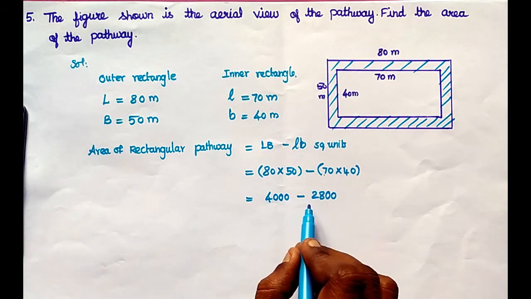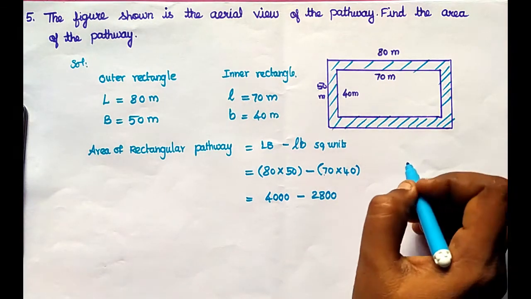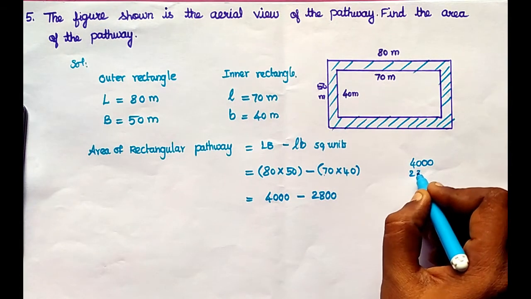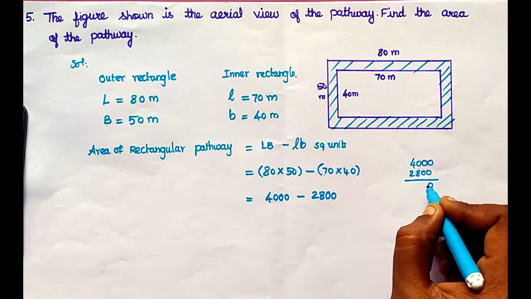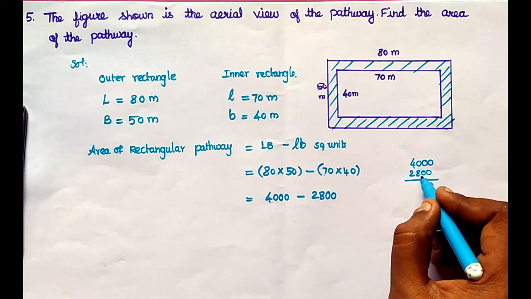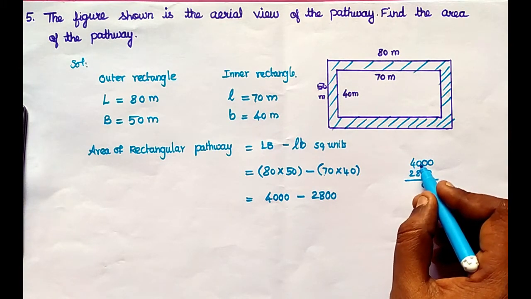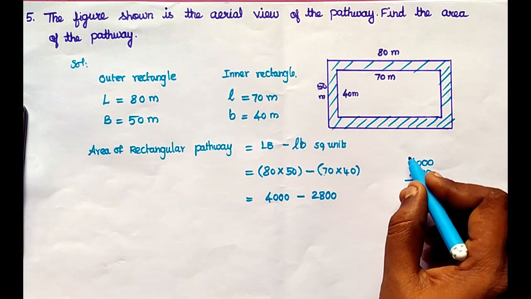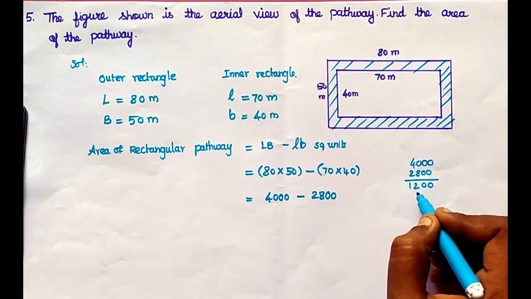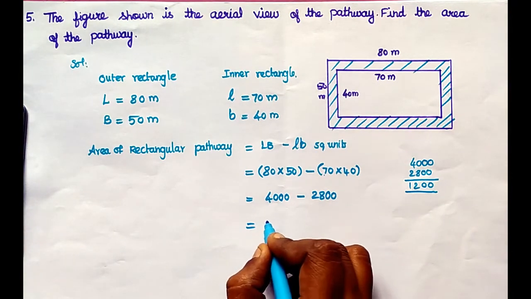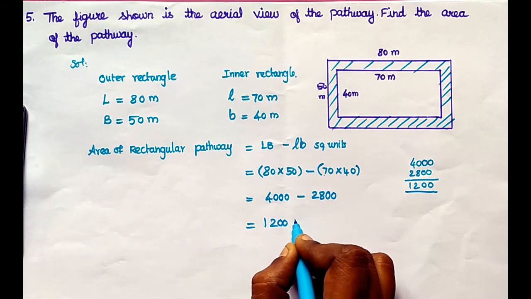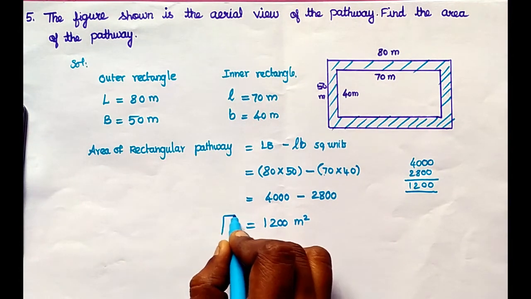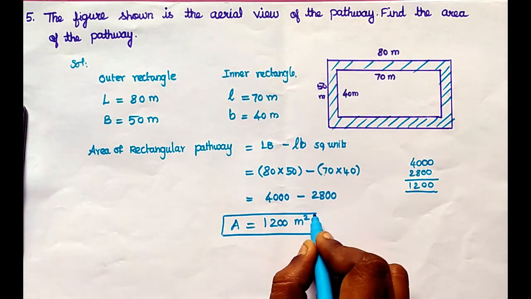So 4000 minus 2800. From 4000 subtract 2800 means 0 minus 8 is not possible. Borrow 1 from here, it becomes 10. 10 minus 8, 2. And here 3 is there. So 3 minus 2, 1. So the answer is 1200 meter squared. That is the area of the pathway.